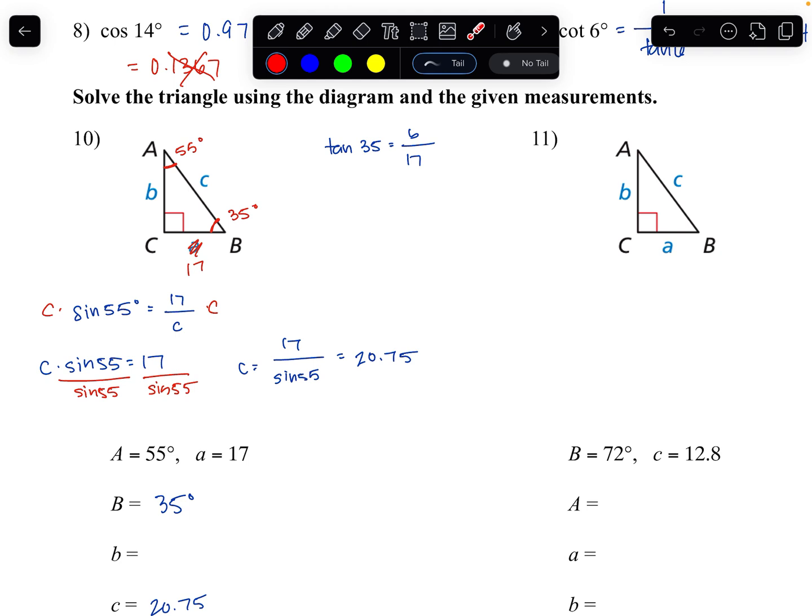This is nice because, unlike in the previous problem where my ratio set up C in the denominator, this one, tangent of 35, actually sets my unknown in the numerator, which is nice because then I can just multiply by 17. So B is equal to 17 times tangent of 35. 17 tangent of 35 is going to give me 11.90.